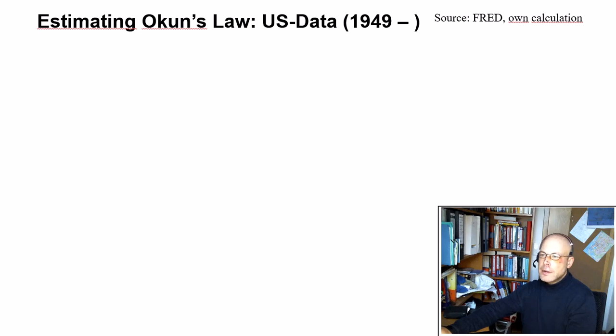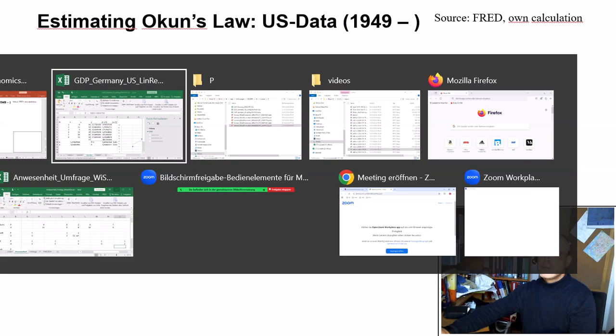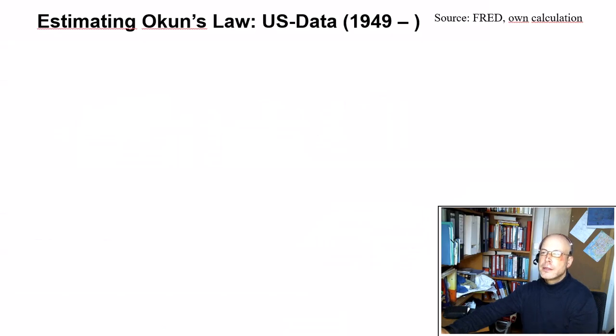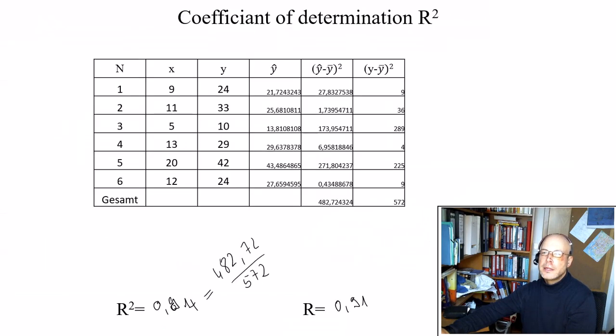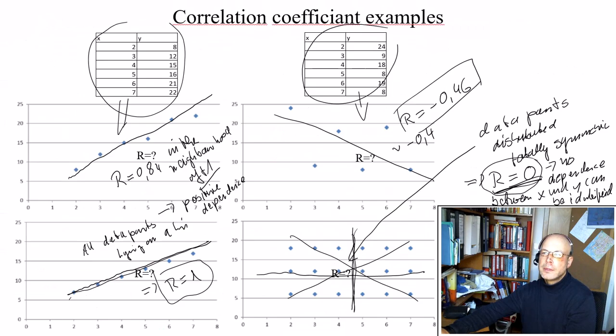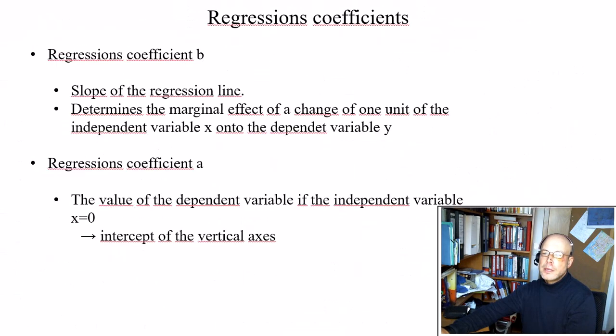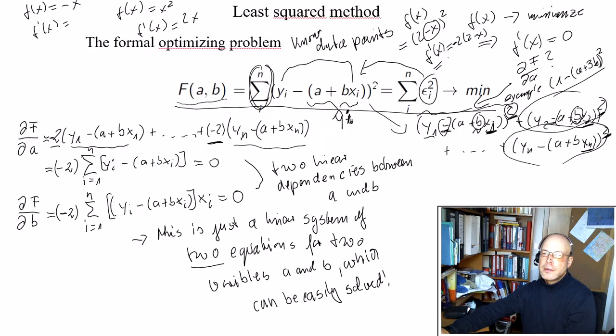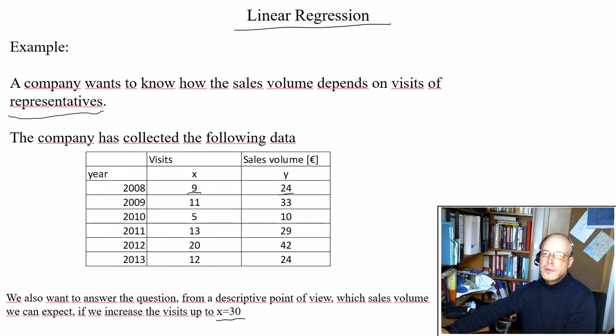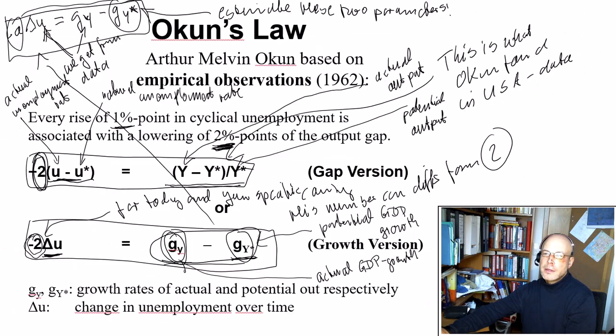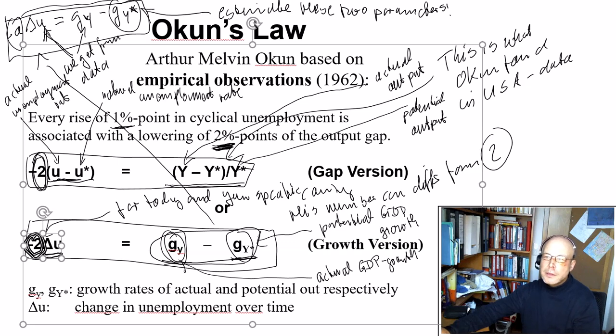Yeah, and now we want to go to our economic data. If we are taking now Okun's law, and if we are going back here, how did it look like? Why have we done all this theoretical stuff? This was this here. Let's copy all this. Is this possible?